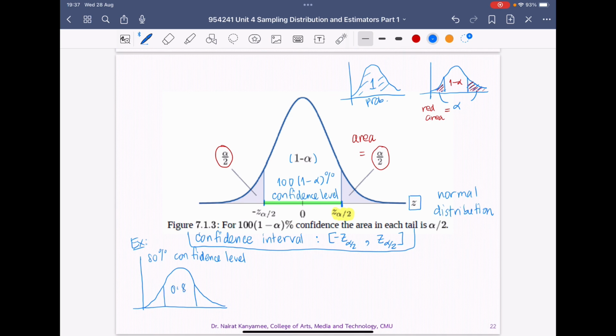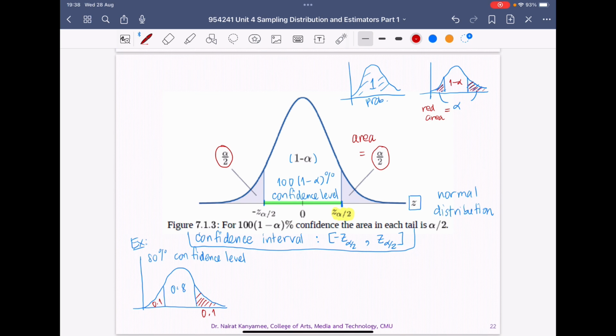The probability is 0.8, so the piece on the right is going to be 0.2 divided by 2, which is 0.1, and here is going to be 0.1. Add up to 0.2, and then add 0.8 equals 1, right?